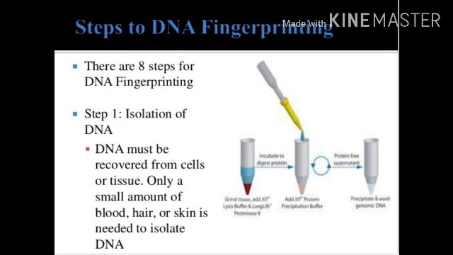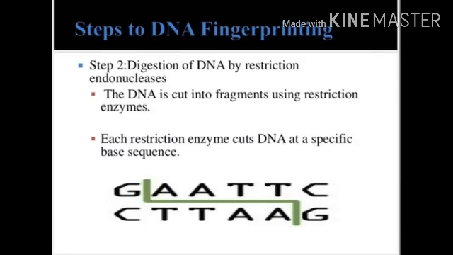So the first step is the isolation of the DNA. We have to recover DNA from cells or tissue. We can take a small amount of blood, hair or skin, and we can isolate the DNA from it. After the isolation comes digestion. The second step is the digestion of the DNA by a restriction endonuclease enzyme, an enzyme which cuts at a specific site.